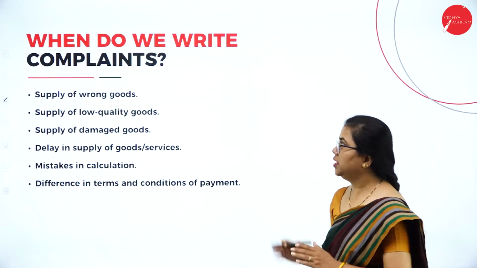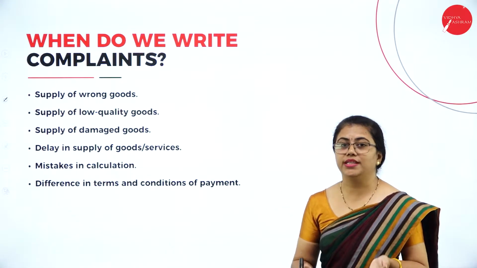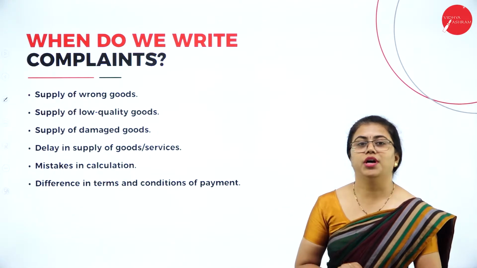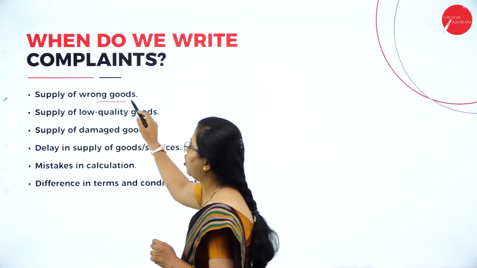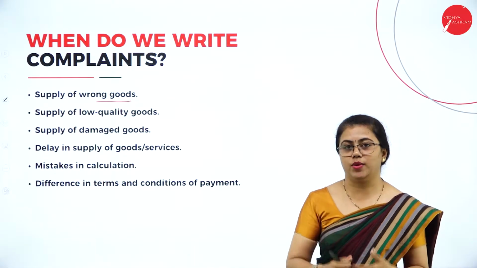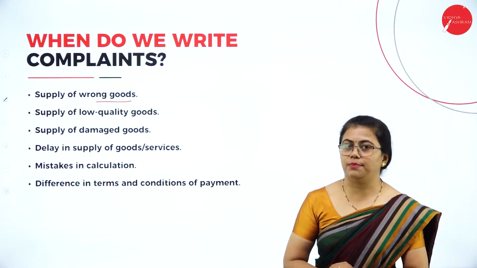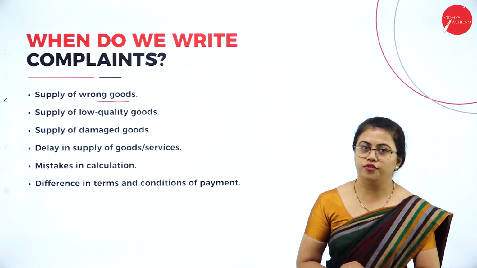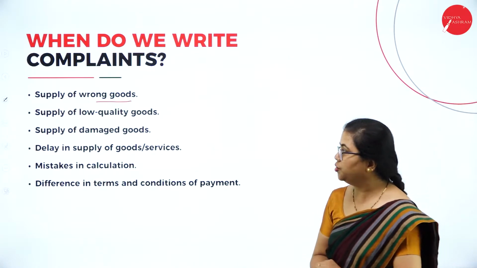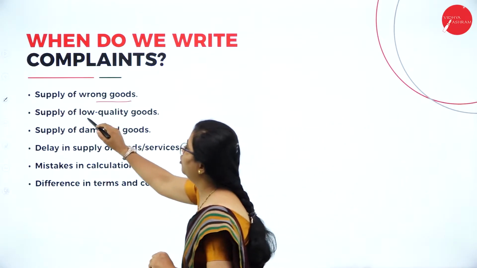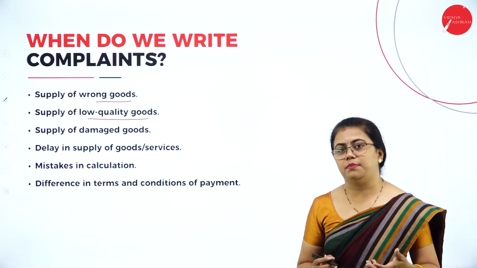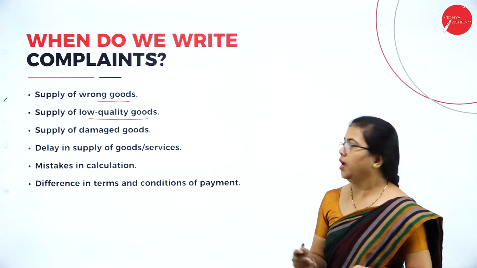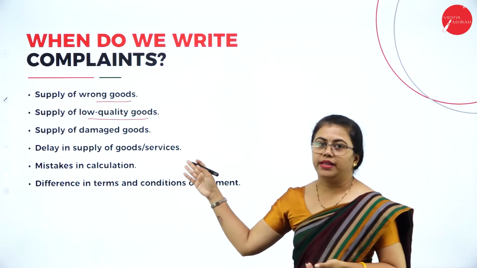So we'll now go further. When do we write this complaint? What are the reasons for any buyer to write the complaint? Whenever there is a supply of wrong goods, whatever the buyer has requested for, those goods are not supplied. There is a wrong supply of goods. Maybe a supply of low quality goods is there, so whatever goods are supplied are actually of low quality, and that may be identified by the buyer.